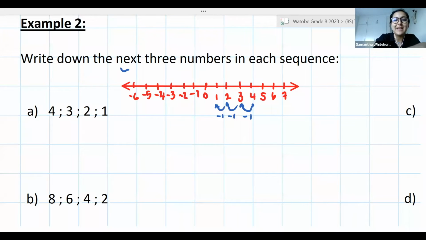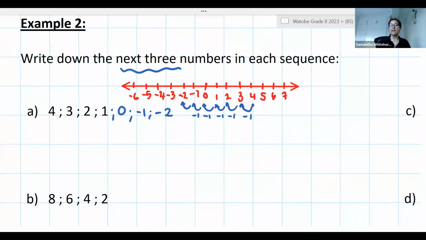For the next 3 terms, 1 minus 1 gives 0, 0 minus 1 gives -1, and -1 minus 1 takes me further down the number line to -2. We want to see if we can find the pattern to our sequences.